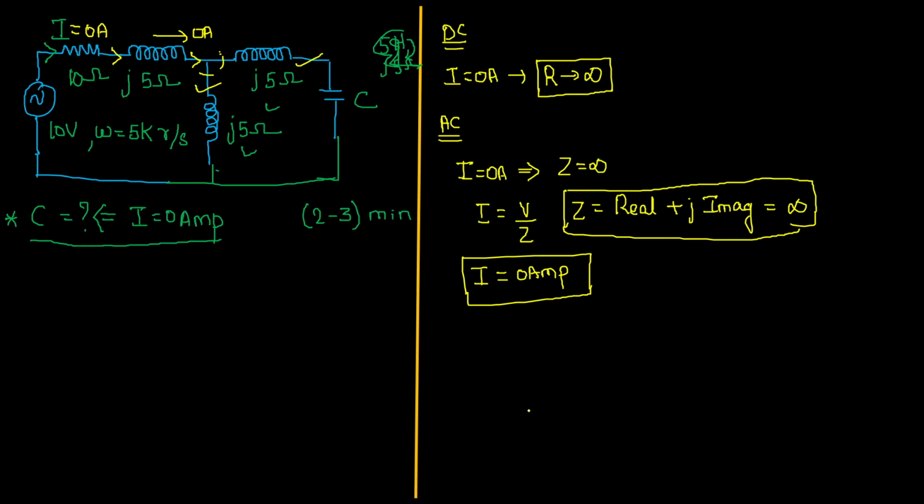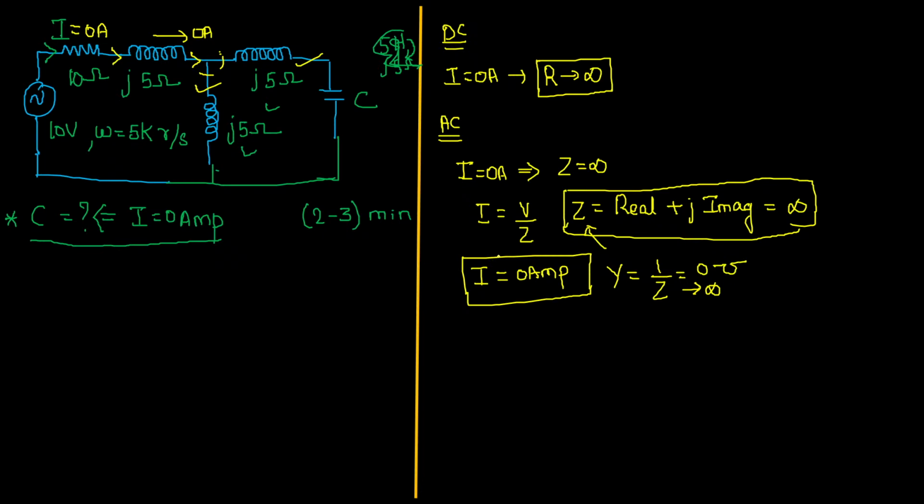One more thing: when impedance is approaching infinity, what about the admittance? We know admittance Y is equal to 1 upon Z. Since impedance approaches infinity, admittance will approach 0 mho.